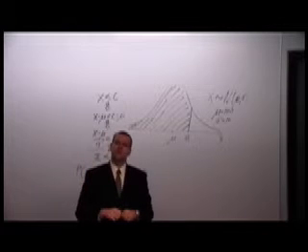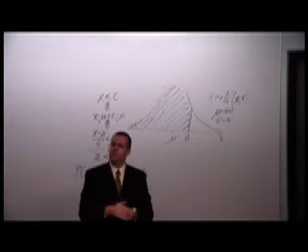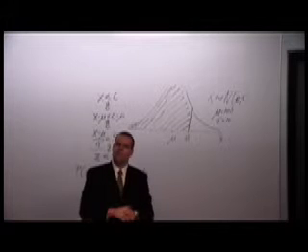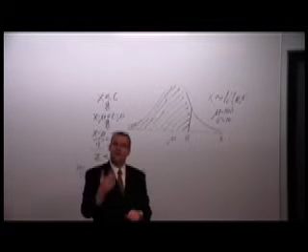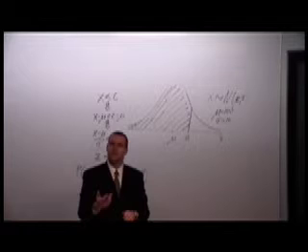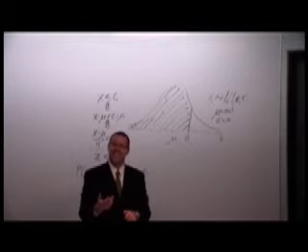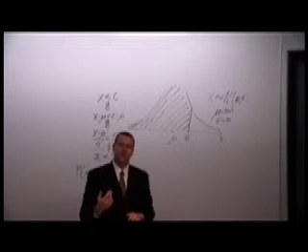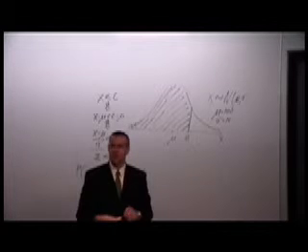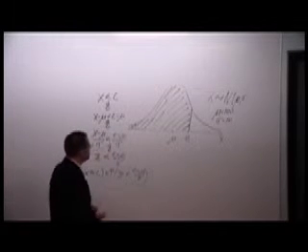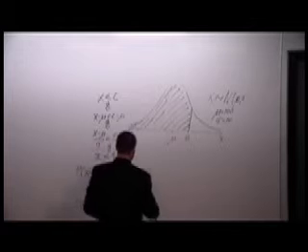What's the simplest possible standard deviation to work with? 1. And it's not 0 because? Well, then it would have no width. Exactly. If sigma was 0, you'd be dealing with a constant rather than a probability distribution. Okay, good. Now, what we end up doing is translating.